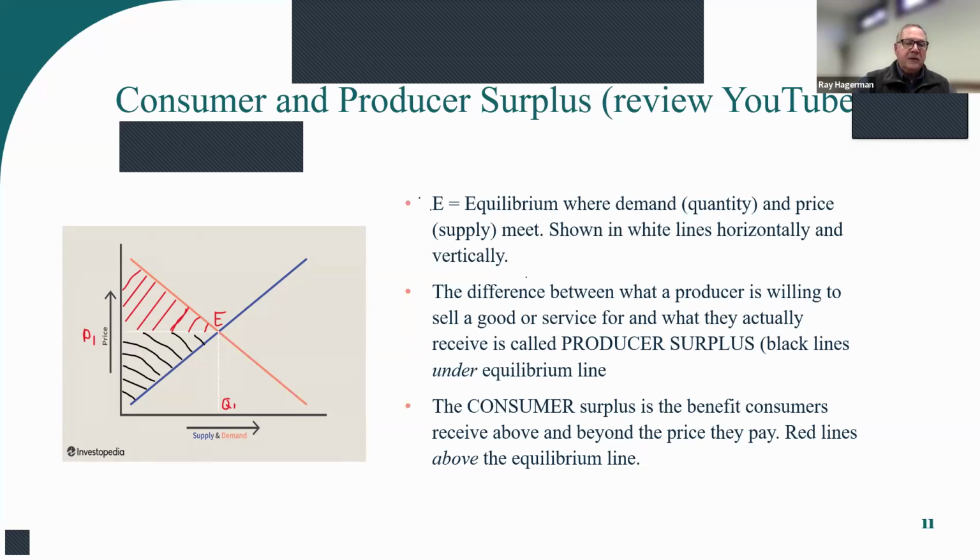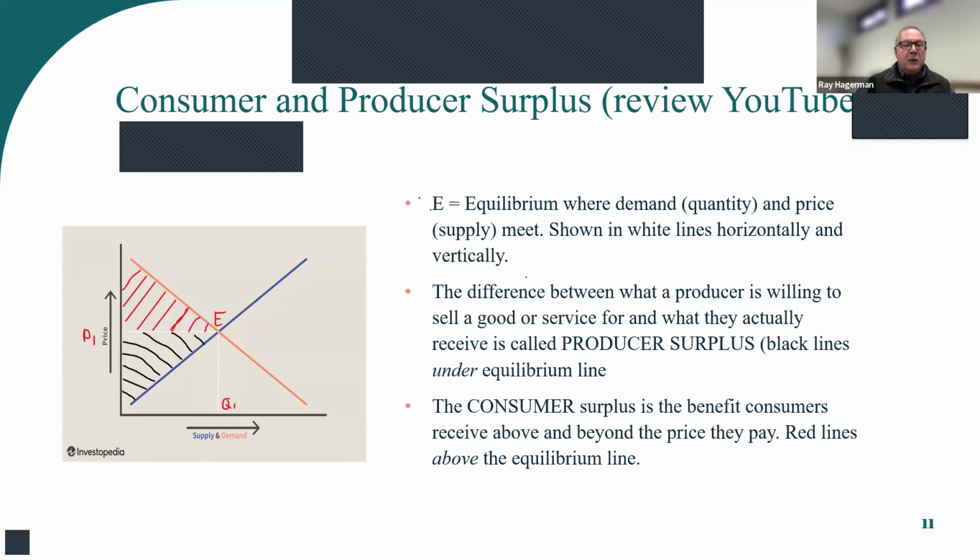And as you might imagine, on the flip side, a consumer surplus is the extra benefit that consumers receive above and beyond the price that they pay. So, for example, as the demand curve shows that they are willing to pay what is the white line between P1 to the E and then the E down to the Q1, what is above that and under the supply line is actually consumer surplus.